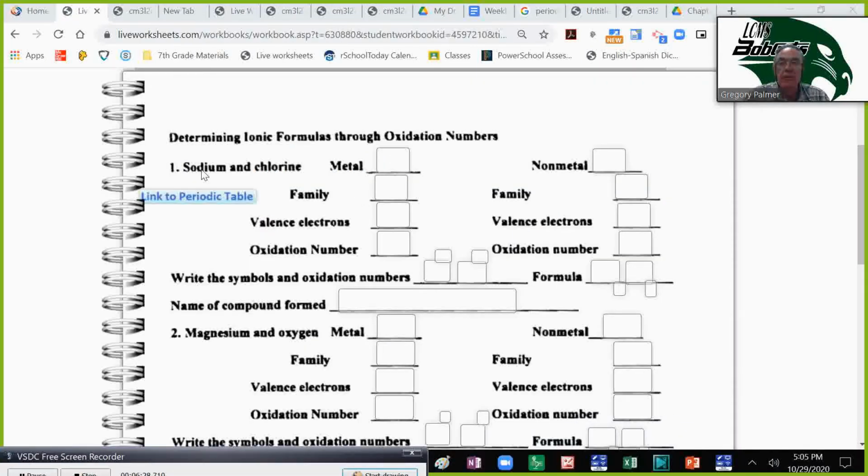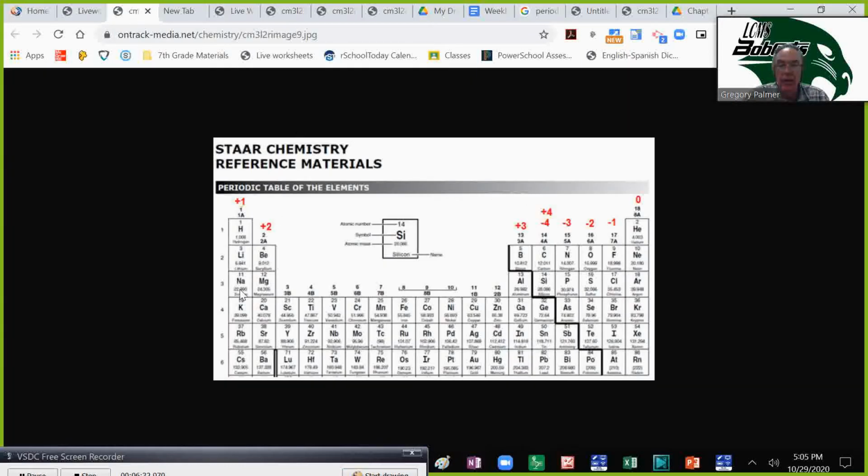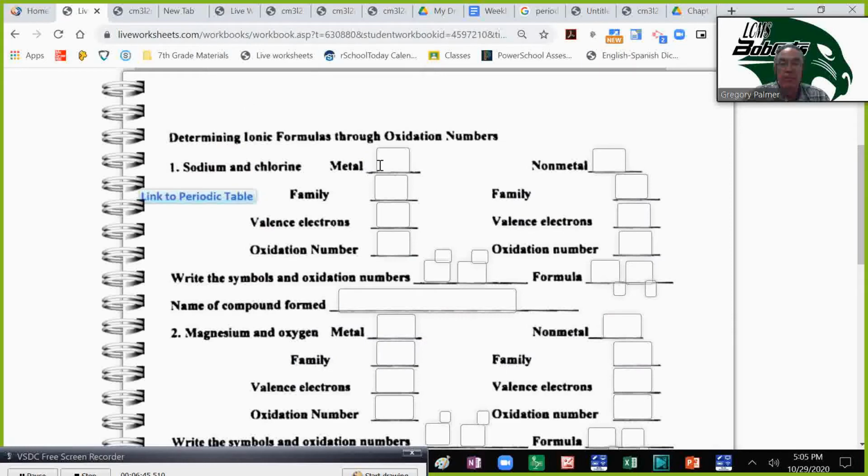Okay, so the first one says we're going to bond sodium and chlorine. We look over here, we find sodium is in family 1, so it has 1 valence electron, and chlorine is right here, it's in family 7, and its oxidation number is 1 negative. So we're going to put in sodium, symbol is Na. It's in family 1, it has 1 valence electron, and its oxidation number is the same as the family.